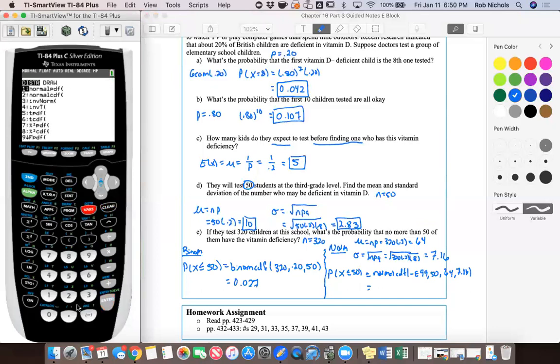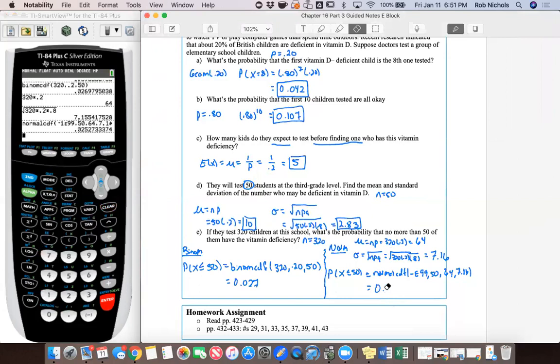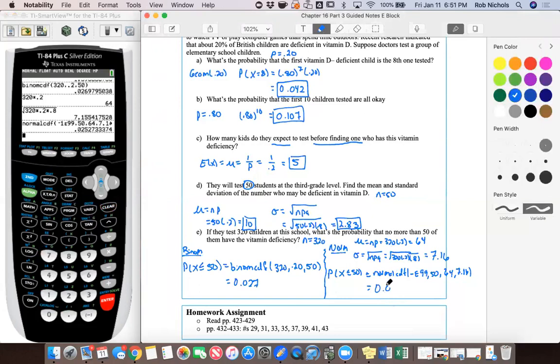Second distribution, normal CDF, lower negative E99, upper is going to be 50, my mean is 64, and my standard deviation is 7.16, and my normal approximation is 0.025. So look how close this was to my binomial, 0.027. So fairly close. Exact versus approximation.